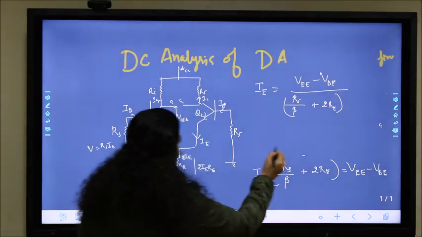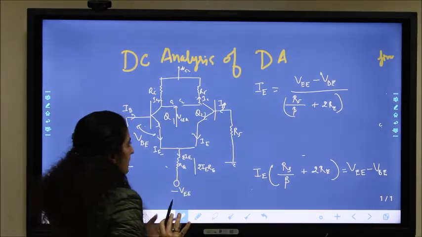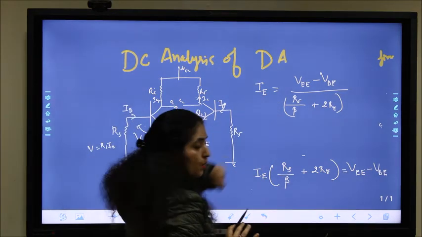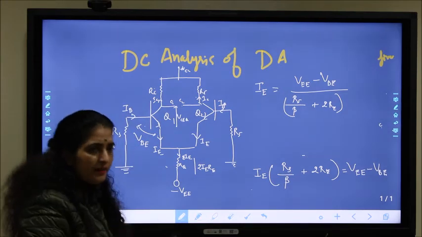Now, we have assumed that RS is the source resistance and whose value is very small.